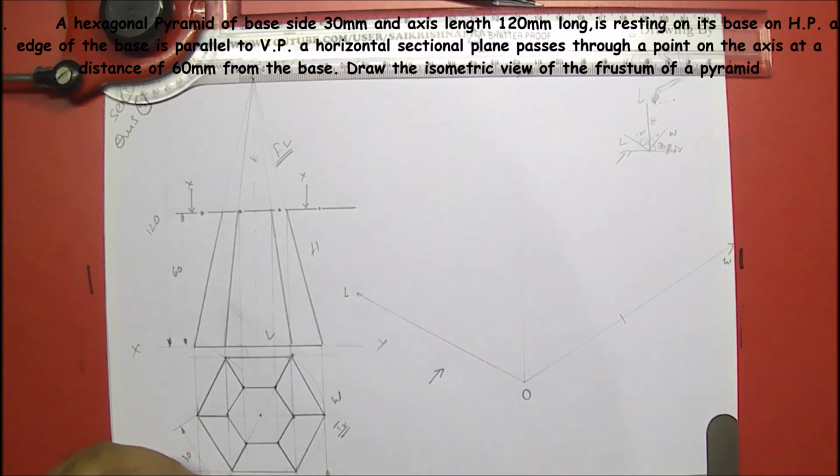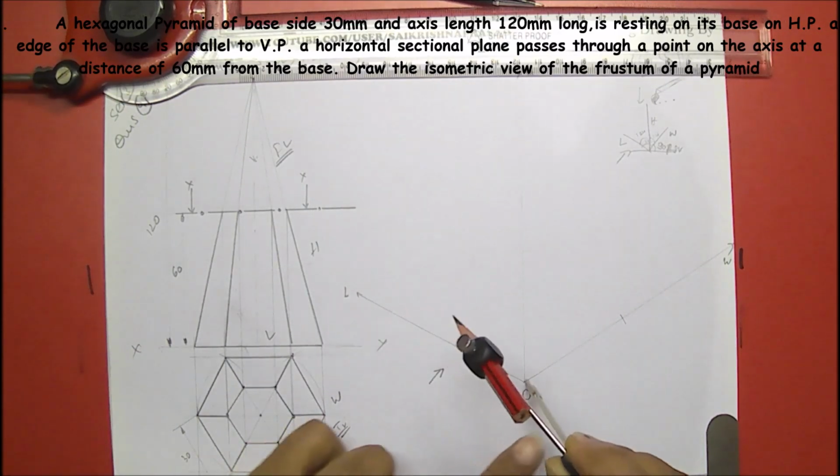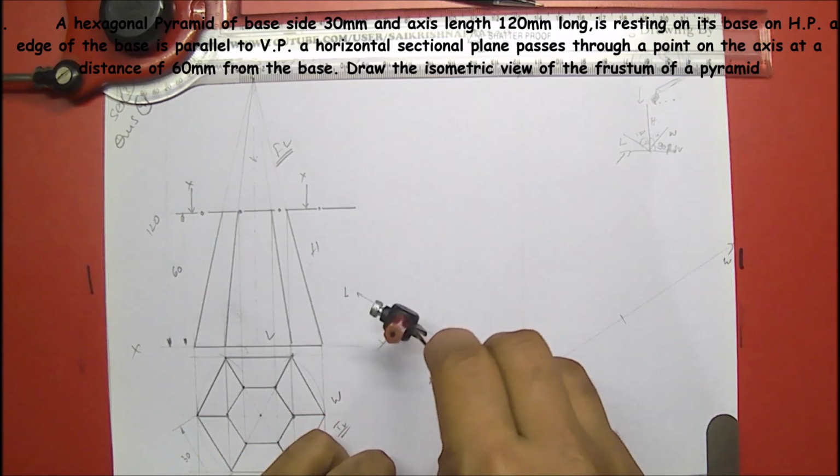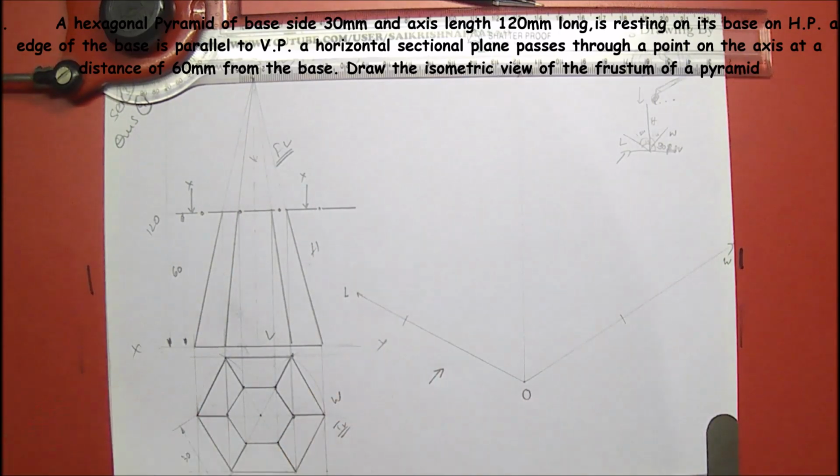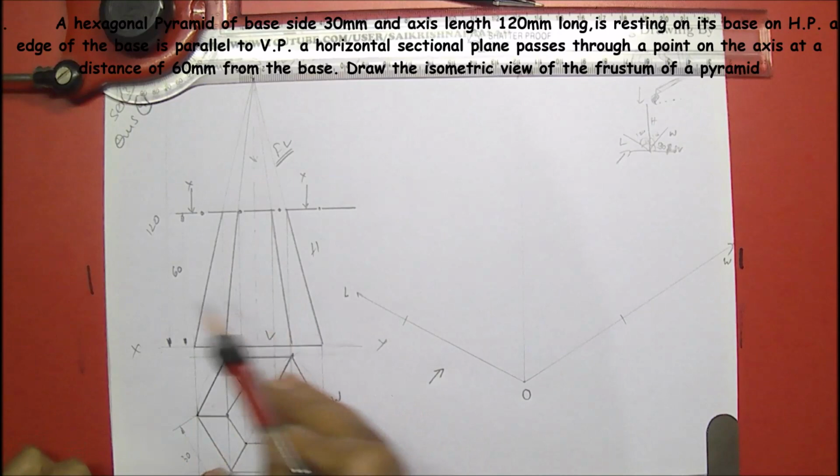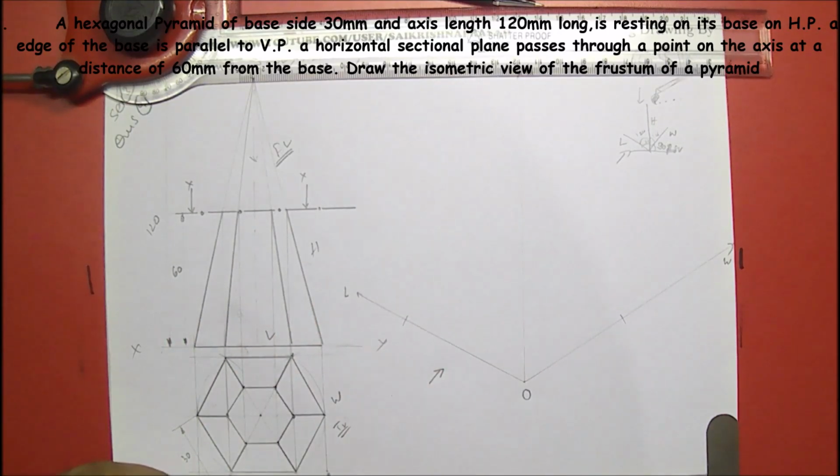Next, from this to this point, because this is length, I have to place on length. Similarly, these two lines have been finished. This one here, this one here. So I can draw this easily, right?